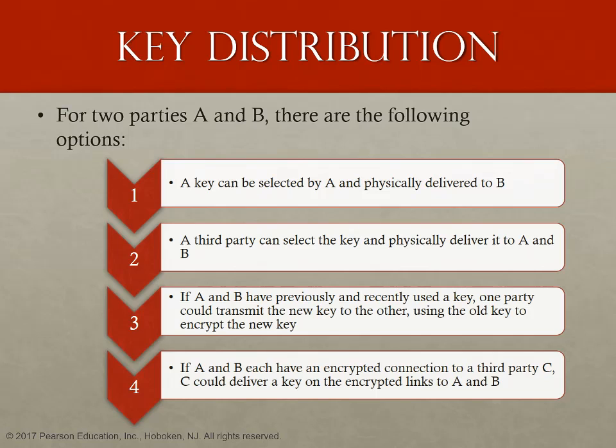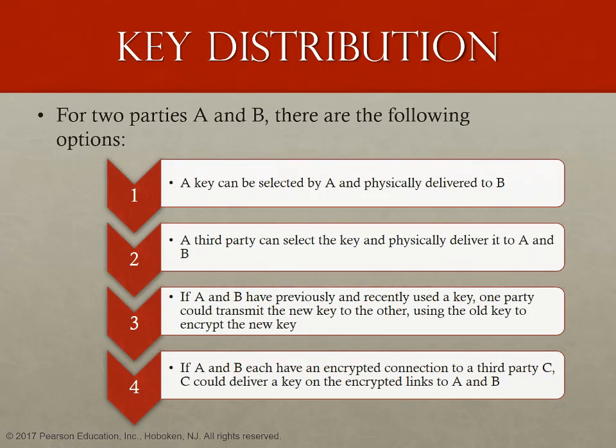If A and B have previously and recently used a key, one party could transmit the new key to the other using the old key to encrypt the new key. 4. If A and B each have an encrypted connection to a third party, C, C could deliver a key on the encrypted links to A and B.